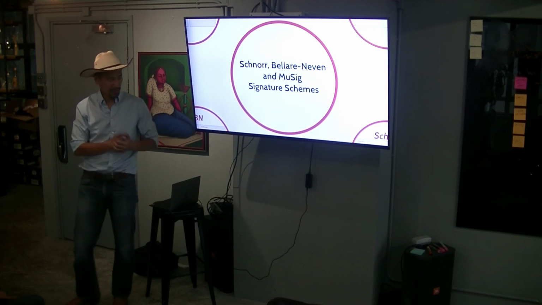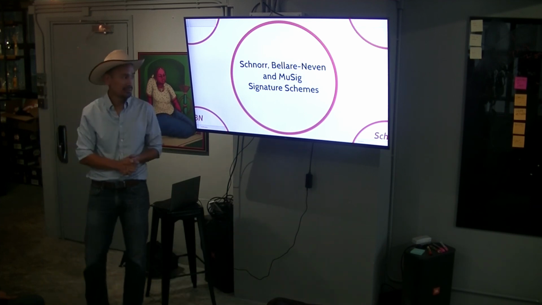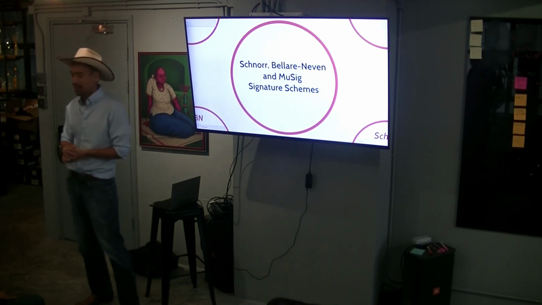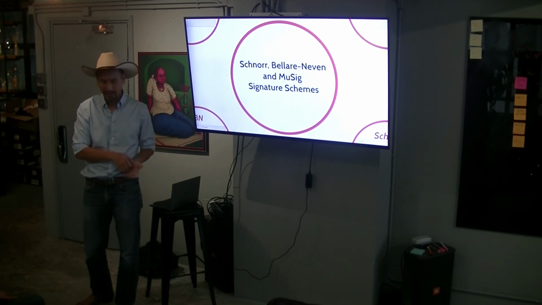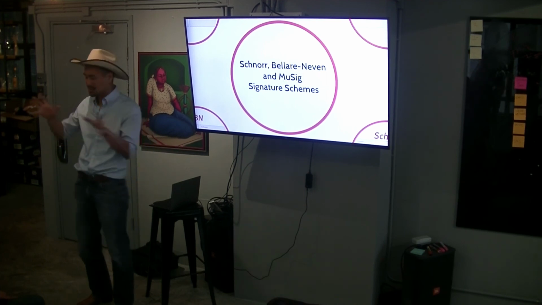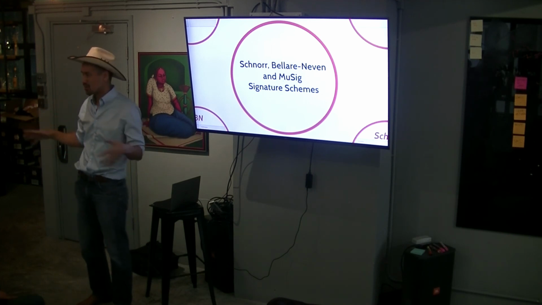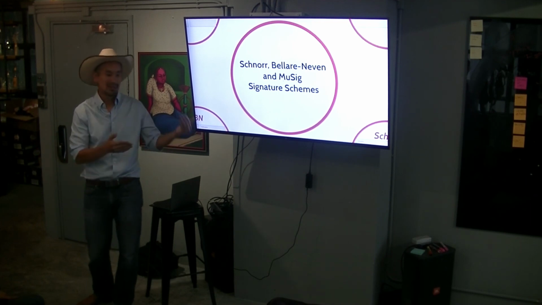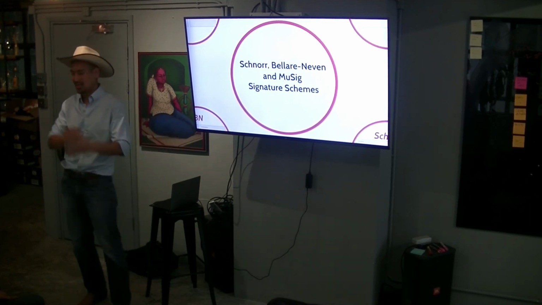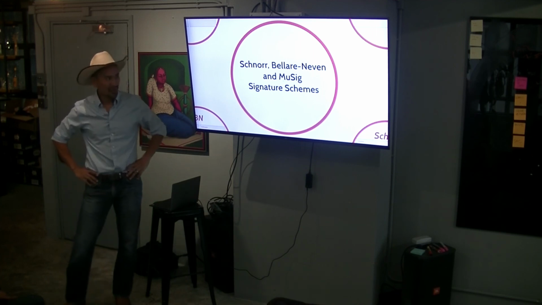Anyway, I'm going to talk about Schnorr, Bellare-Neven, or BN, and MuSig signature schemes. This is something that the core devs have been working a lot on, and there are interesting properties to each. I hope to give you a preview of what's coming down the pipe with Bitcoin, because these are very much in the spirit of what they want to do.